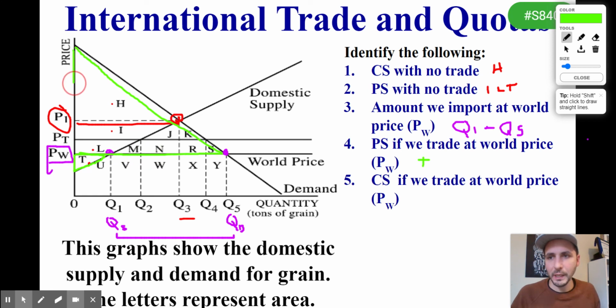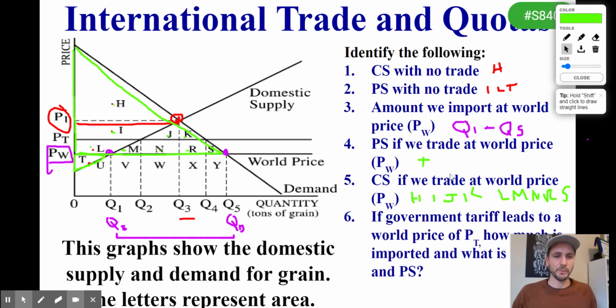And again, I don't have to chop that off because we can import that shortage. So it's going to be H, I, J, K, L, M, N, R, and S.